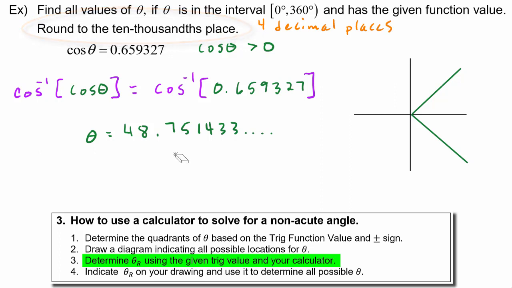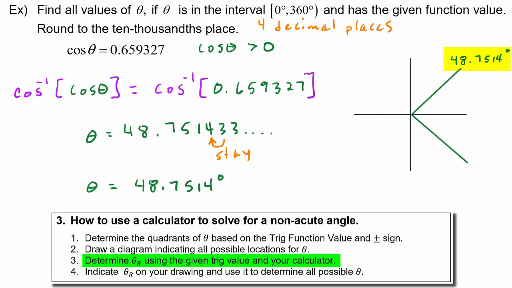So if we come down here, 1, 2, 3, 4, we see that the 3 is telling the 4 to stay. So then that means our first angle here is 48.7514 degrees. And that will be our quadrant 1 angle.